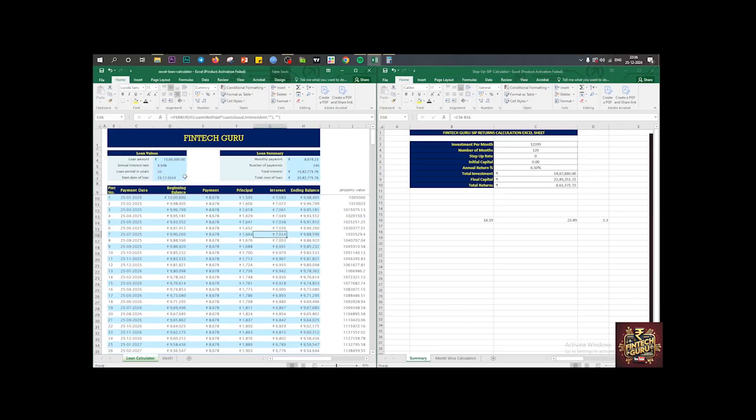See, for 10 years it was about 5,000, 7,000, right? The moment you change it to 20 years, you see the principal portion and the interest portion. This loan amount is not going to change, as I told you earlier, but the principal you are paying is only 1,595 rupees in your first month, and your interest portion is huge.